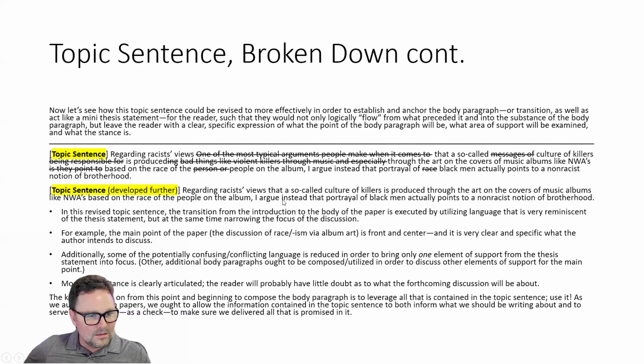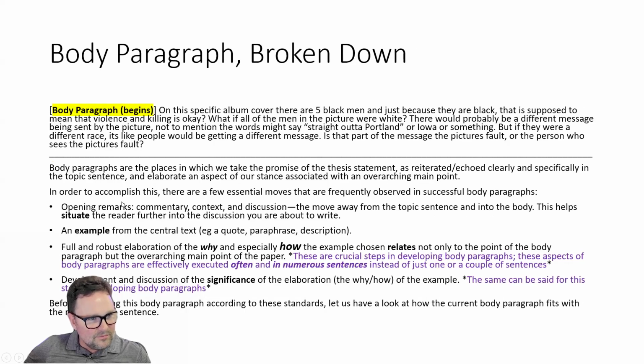So if your topic sentence says that there are racist views that blame people of particular races, that blame society's ills on them as portrayed in album covers, and that's what you're going to be talking about in the body paragraph, then after the topic sentence, talk about that a little bit. Give your reader a little more information about what that is, where that came from, how you came by that knowledge.